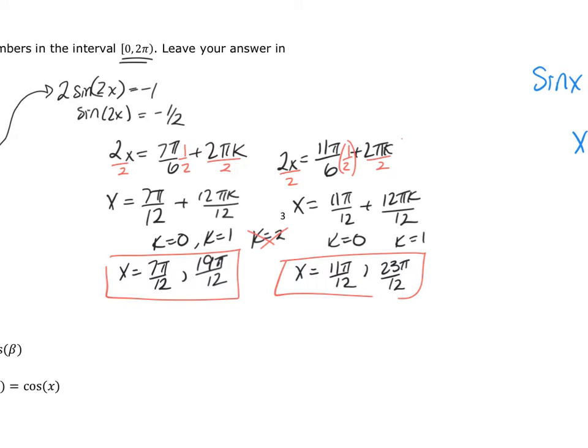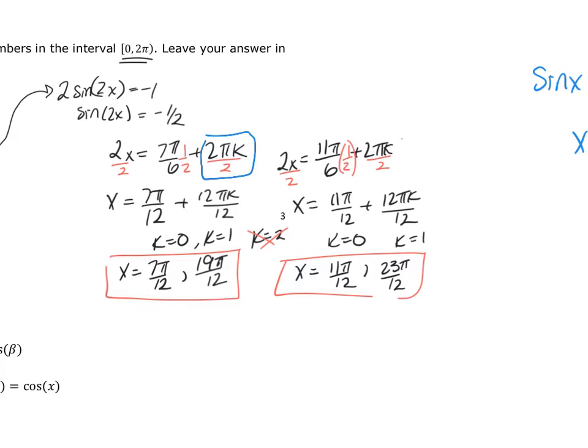Yes? Why do you add the 12 pi k over 12 to the 7 pi over 12? The question you're asking is, why did I add the 12 pi k over 12? Well, at this step, when I divided everything by 2, that ended up being pi k. And because I have to add multiples of pi k, I'm going to add them in such a way that it makes my addition of fractions the easiest.